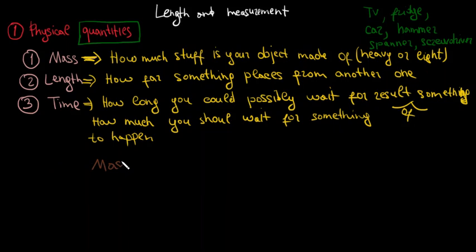So one of them is going to be mass, the second one is going to be length, and the other one is going to be time, right?